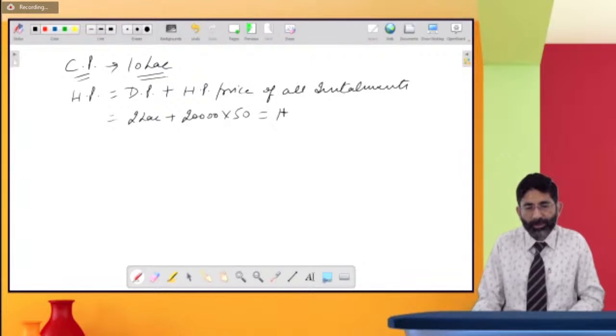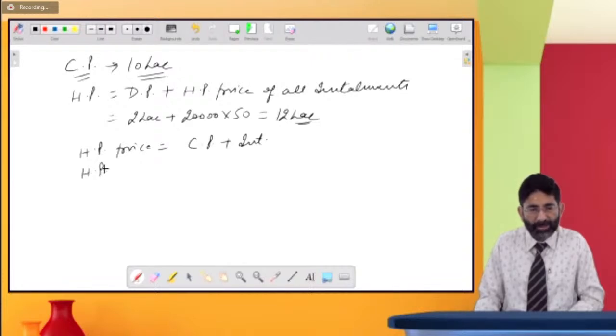So it becomes 12 lakhs. Another way of presentation is hire purchase price is equal to cash price plus interest.